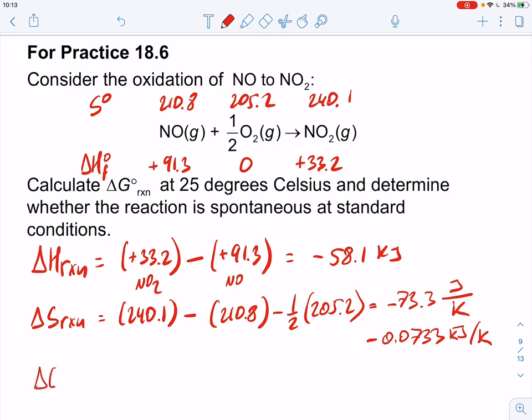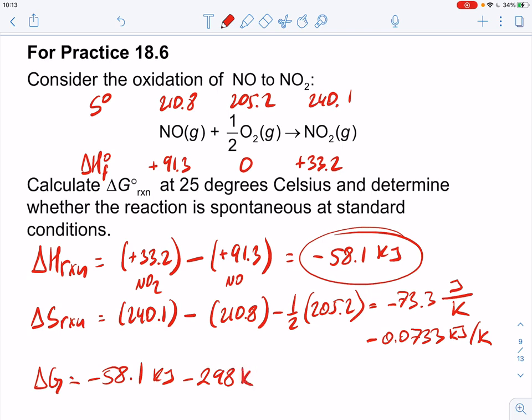And here our delta G then is going to be the enthalpy minus 58.1 kilojoules minus the temperature, which is still 298 Kelvin, times minus 0.0733 kilojoules per Kelvin. Okay, and our result here is minus 36.3 kilojoules. That's the free energy of reaction for this particular reaction.